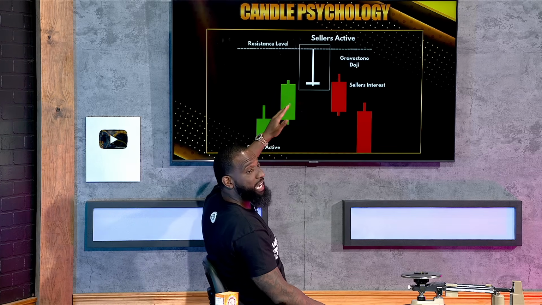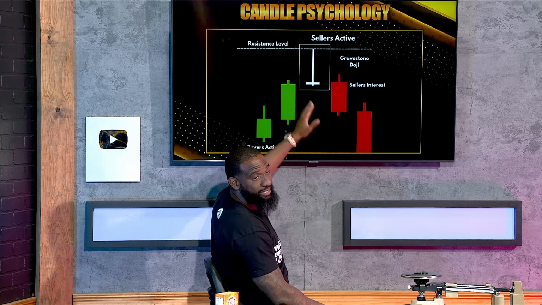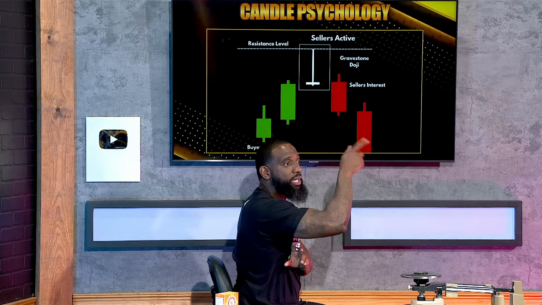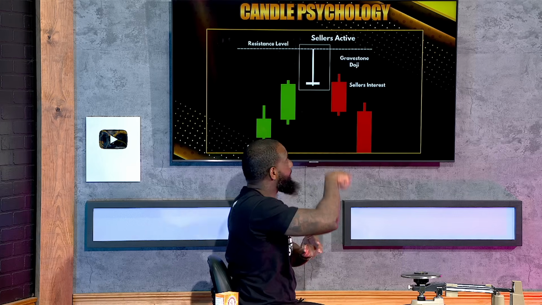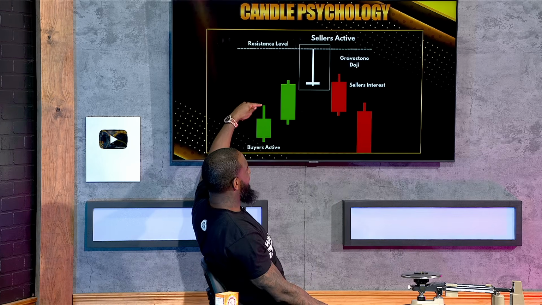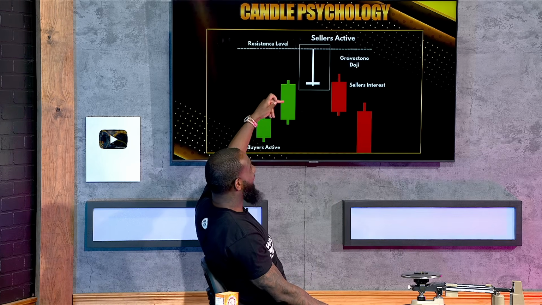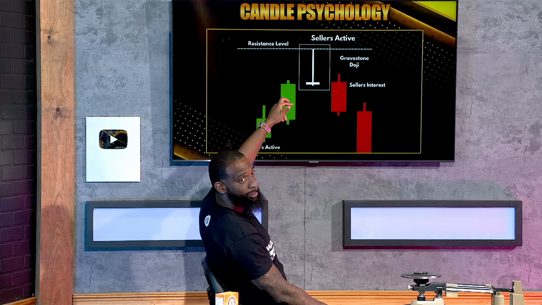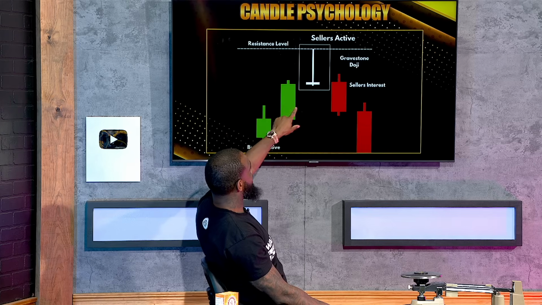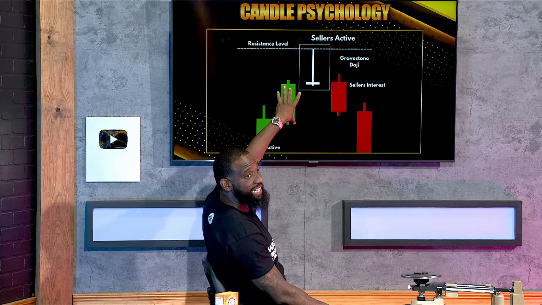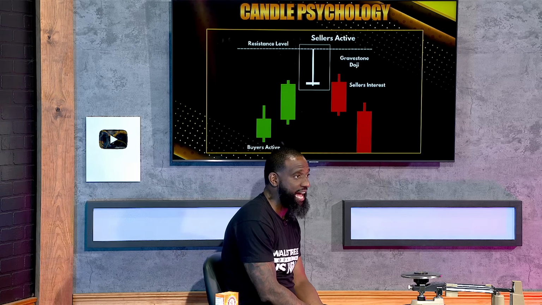That means they're going up the ladder, right? They're like, oh, we legit. Hey, party. It's popping, right? So the high of this candle meets the body of this candle. Let me say that again. When this high is in the middle of the body of this next candle, you know buyers are really, really active.